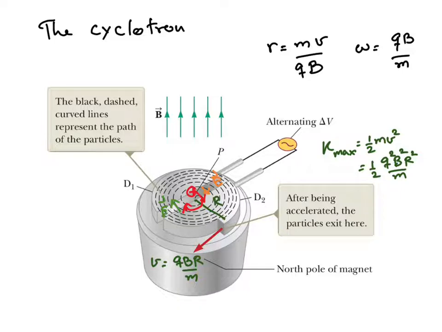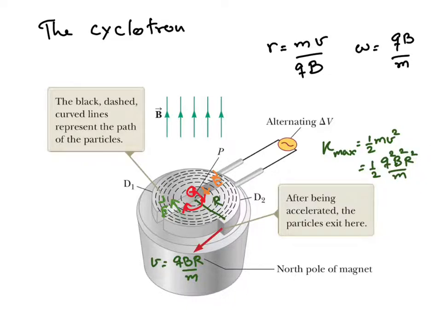We know that the velocity of the charged particle when it exits the cyclotron is qBR/m. It means that we can calculate the kinetic energy of the charged particle when it exits the cyclotron. The kinetic energy is half of mv squared, right? So if we put this v into this v, we will have that the kinetic energy is half of q squared B squared R squared over m.